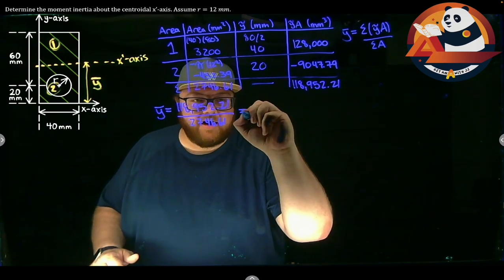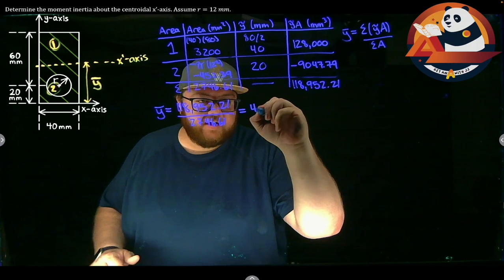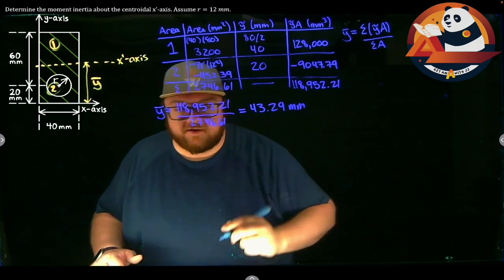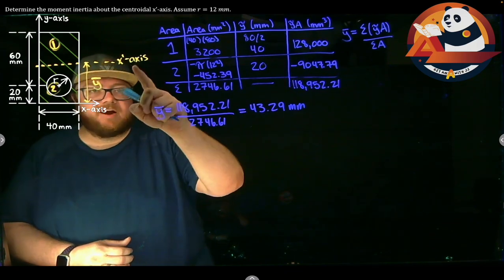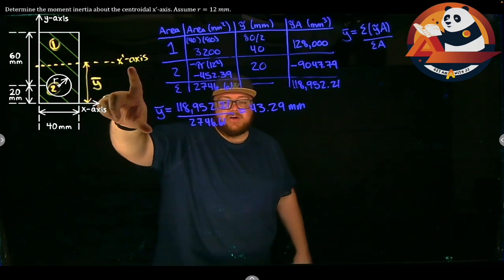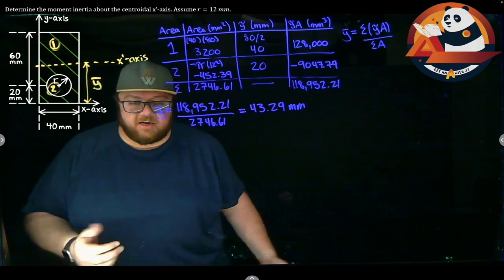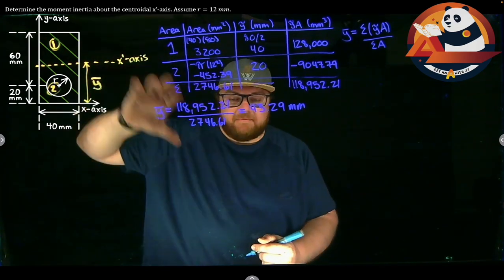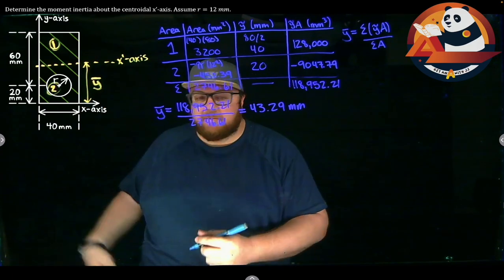So my y bar ends up being 43.29 millimeters. I have to know that to figure out where that axis is located, so I can then do moment of inertia about my centroidal x-axis. So that's the first half of the problem, building up into moment of inertia.